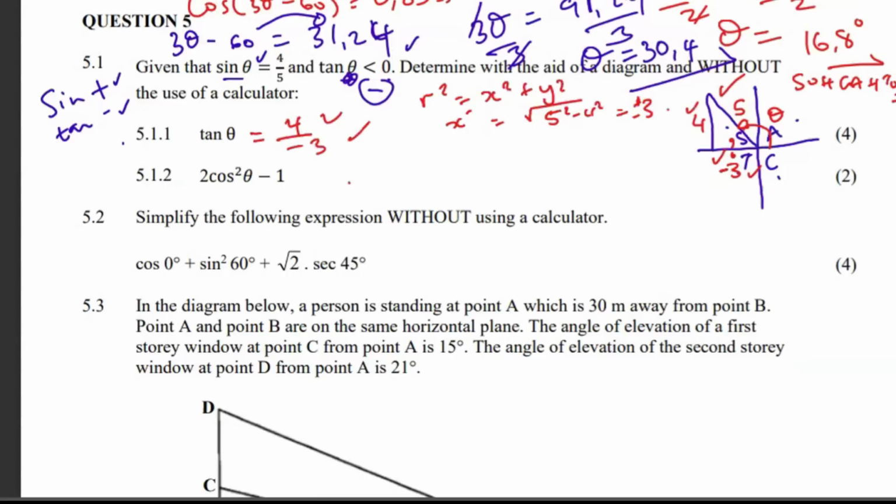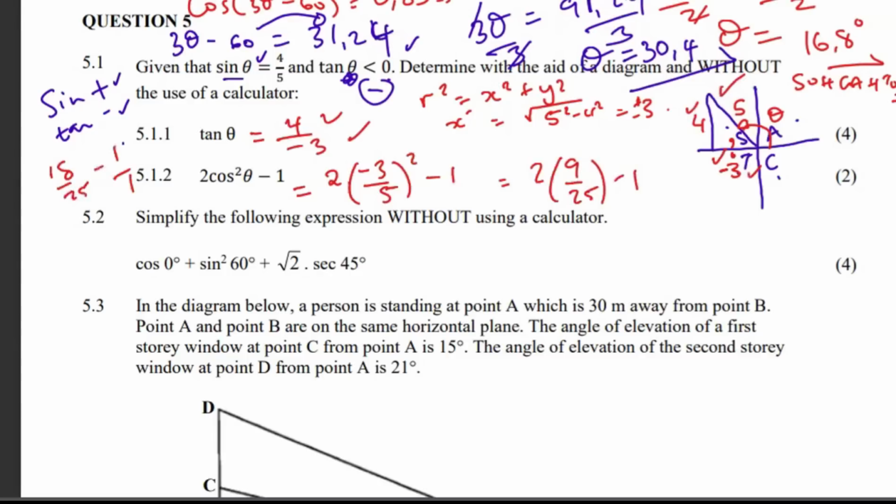Then 5.1.2, they want us to get 2 cos squared minus 1. So this is going to be 2 multiplied by the cos, which is adjacent over hypotenuse, so negative 3 over 5 squared. Then we minus 1. When you simplify that, it's 2 multiplied by 9 over 25 minus 1. 9 times 2 is 18 over 25.